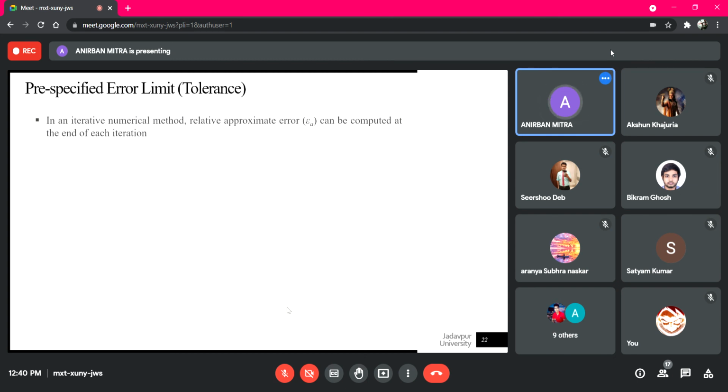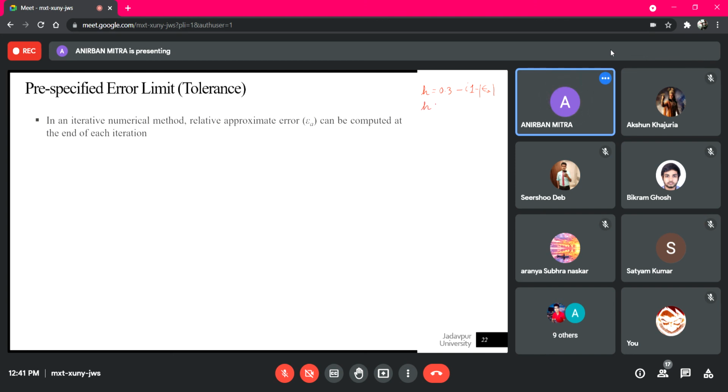In that, the relative approximate error can be computed at the end of each iteration. Just to clarify, in the previous example we had h equal to 0.3 at the beginning. Let's say this is iteration 1, I1, and we get some epsilon A magnitude at the end of this.